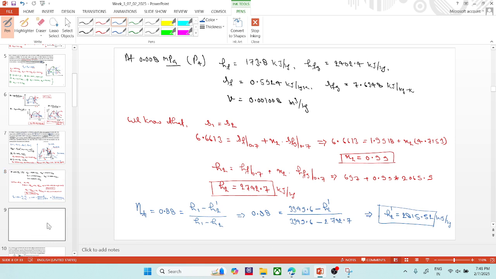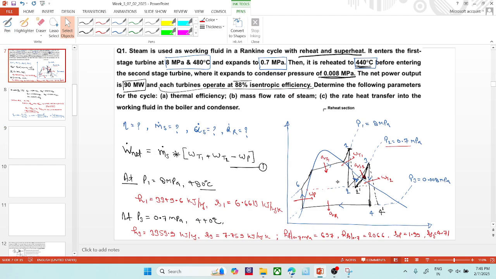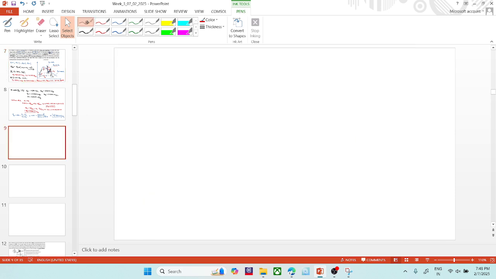Okay, so here we got the value of H2 dash. Similarly, we have to equate S3 is equal to S4. In the same way we will calculate the H4, and by applying the isentropic efficiency we will be able to get the H4 dash. Okay, so here I will not write the complete things.